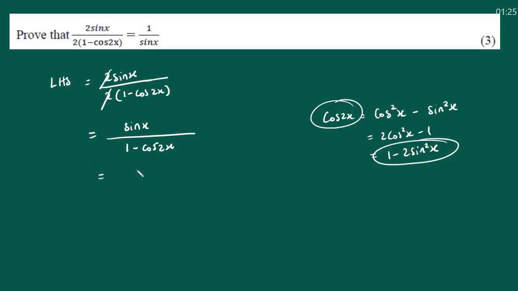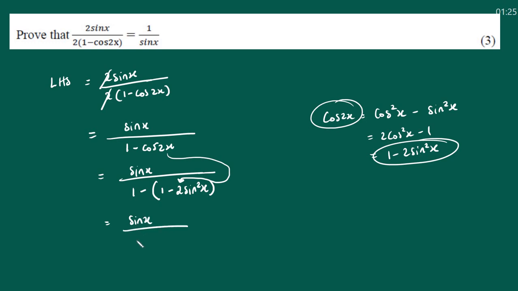In that case, I would have sine x over 1 minus into 1 minus 2 sine squared x. Always important to use your bracket. So then you have sine x over 1 minus 1 plus 2 sine squared x.